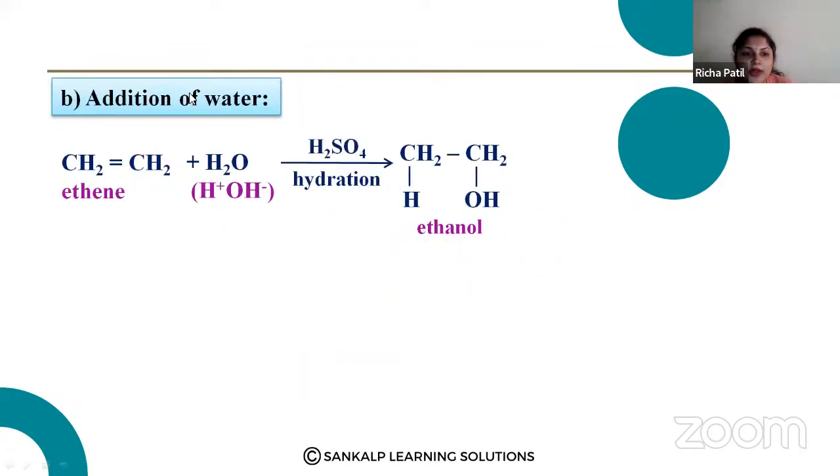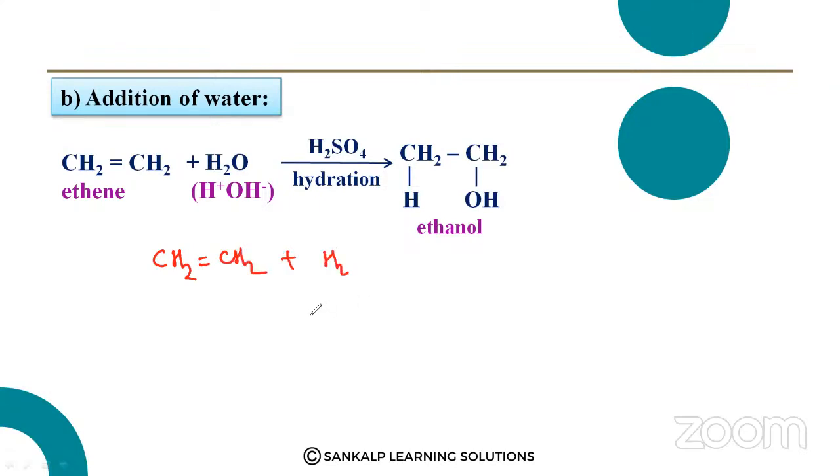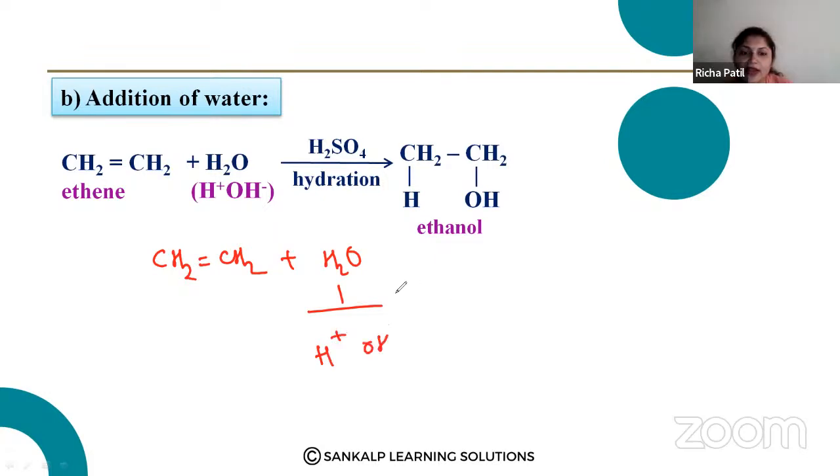So, addition of water. Across this double bond, CH2 double bond CH2, what is happening here? You are adding your water molecule. Water is H plus and OH minus, right? In the presence of H2SO4, across the double bond, you remove one of the bonds and add one H here and one OH here.